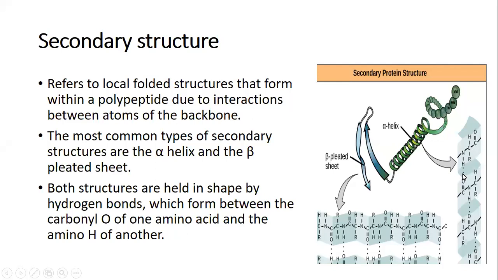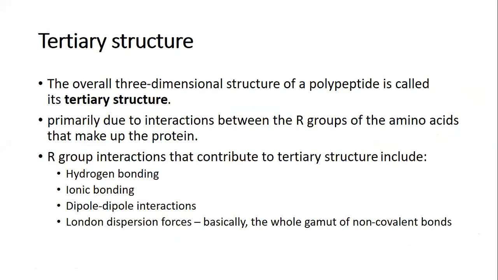When you have various bonds between different amino acids, and these bonds are hydrogen bonds, then you start forming a helix. When you push this helix into a three-dimensional structure by adding more bonds, especially more hydrogen bonds, more ionic bonds, more dipole-to-dipole interactions, and London dispersion forces, you end up with a tertiary structure, which is a little more sophisticated than the secondary structure.